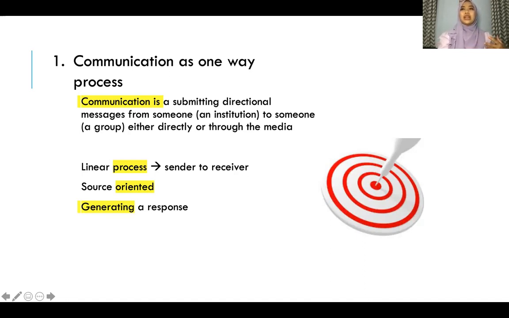For example, if someone is campaigning, they will persuade you to vote for them to be, for example, the president, or someone who has that kind of power.